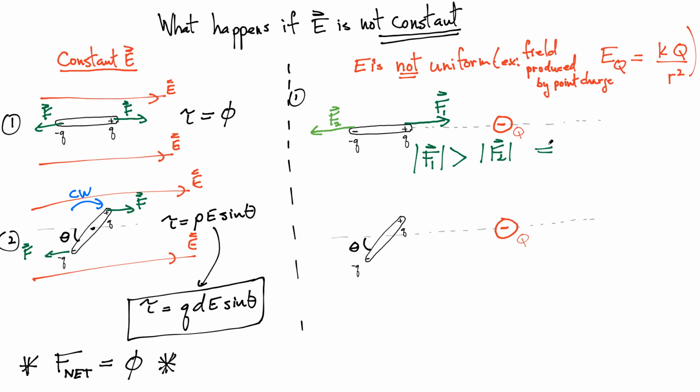Therefore, there's going to be a net force acting on it. The net force is not equal to 0, like in this case, where the net force acting on the dipole was equal to 0. So that means the dipole is going to be attracted to the negative charge. If there's a net force, there's going to be an acceleration.